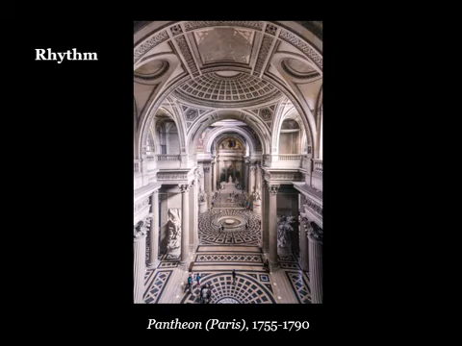So within this structure that's based on the Roman Pantheon, we have a series of shapes that have been repeated throughout the building. So notice how the dome and the pattern within the dome has been repeated in the pattern on the floor and in the tile.